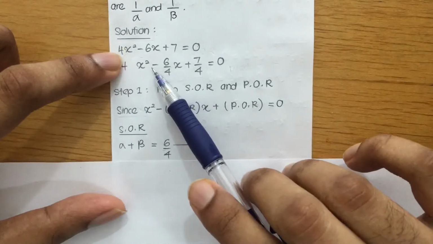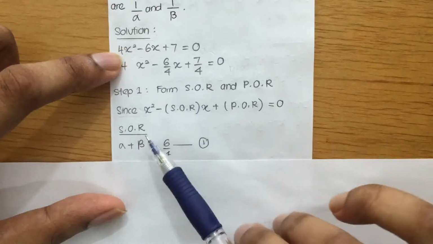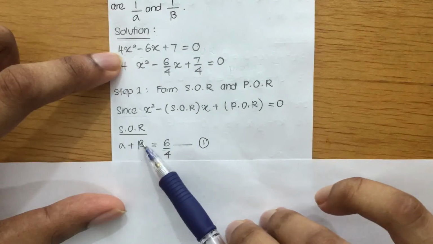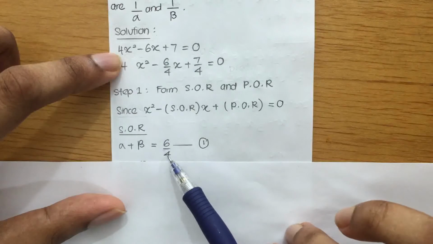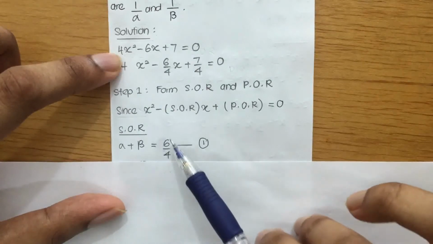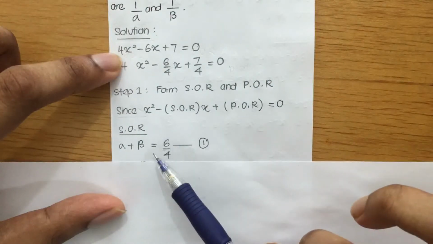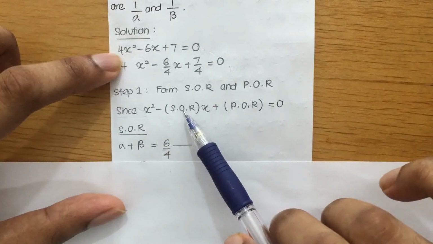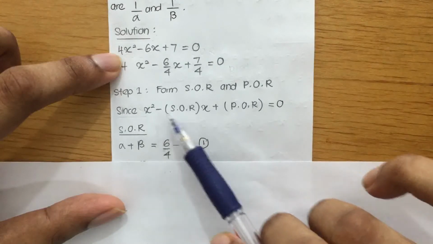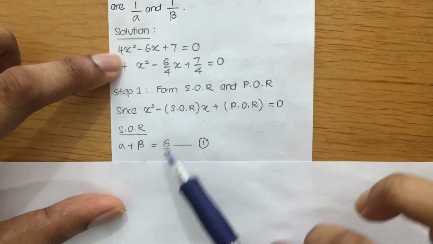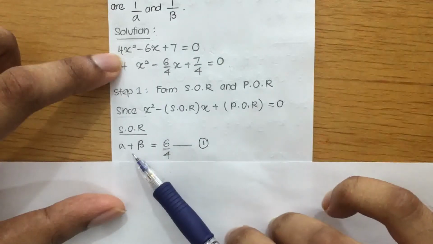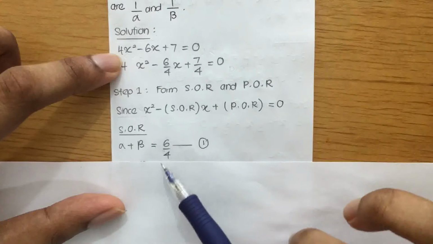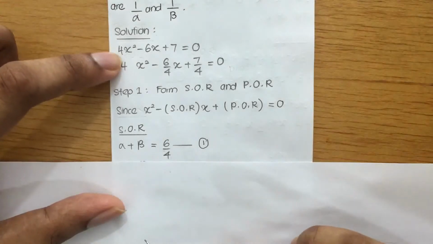Since in the quadratic equation you have negative 6 over 4, when you express it in terms of alpha plus beta, it will be positive 6 over 4. It makes sense, because when you express the SOR and POR in terms of a quadratic equation, you will have a negative in front of the SOR. So alpha plus beta equals 6 over 4. This will be your first equation.